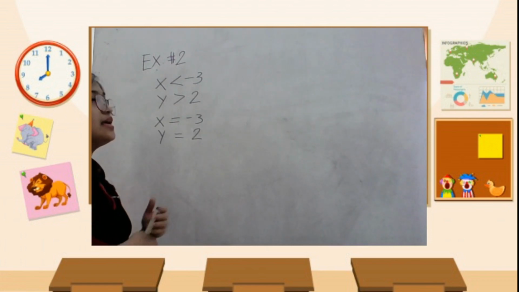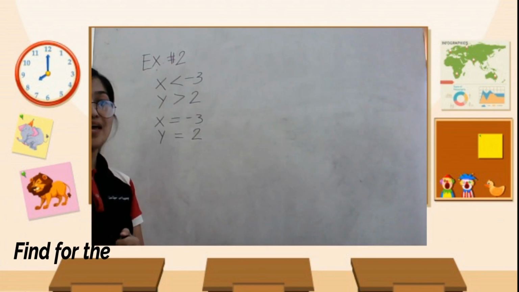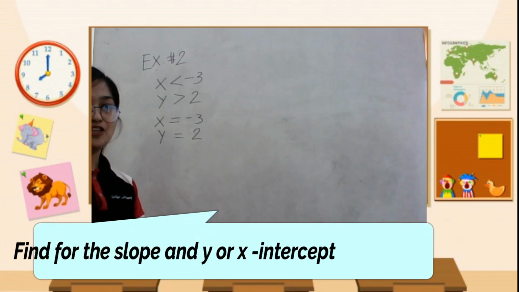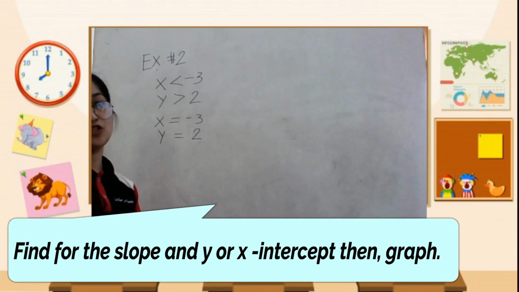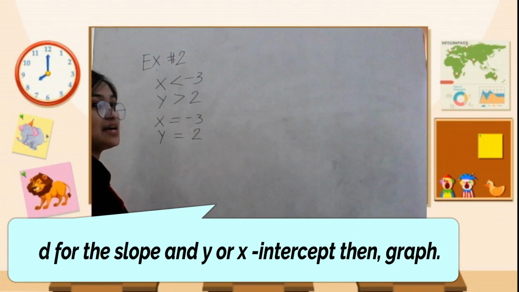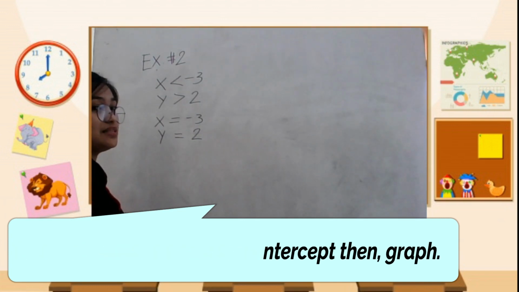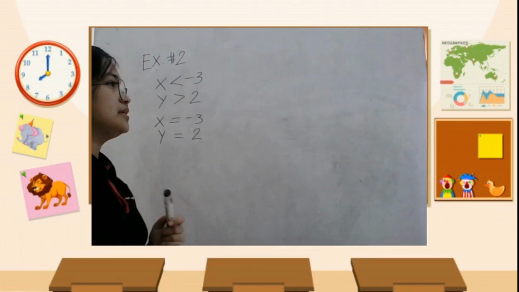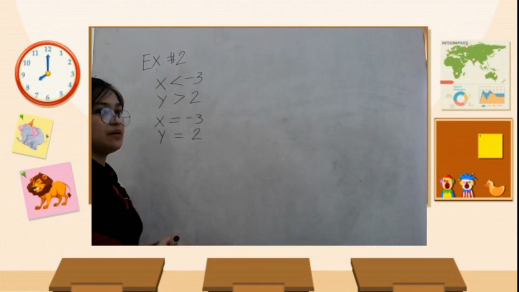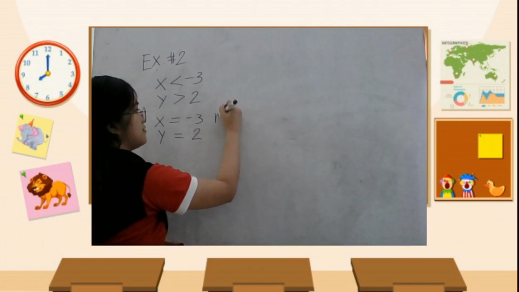And then, let's find for the slope and the y-intercept or the x-intercept. Especially with the first given. Kasi x ang ating given, ibig sabihin x-intercept. Again, kapag x-intercept, the slope is undefined.